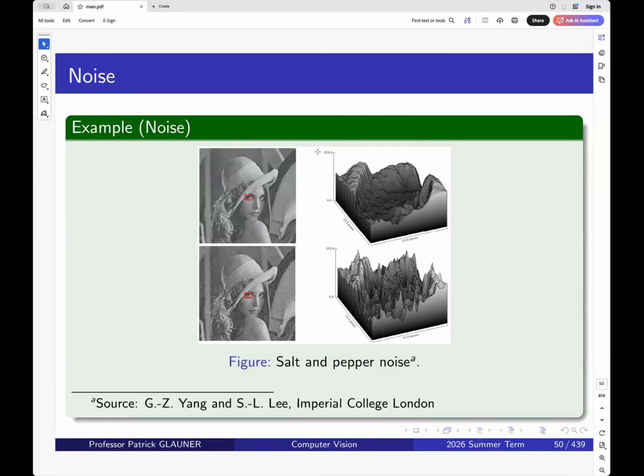What we see is the rectangle depicted here. It's 33 pixels wide, along the x-axis, and 23 pixels high. So it's a 23 by 33 pixel matrix, in fact.